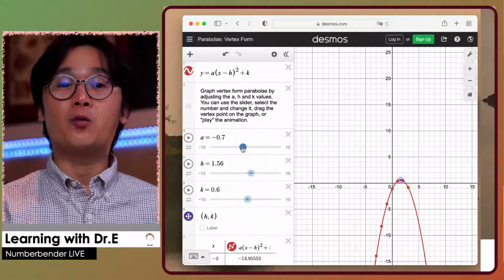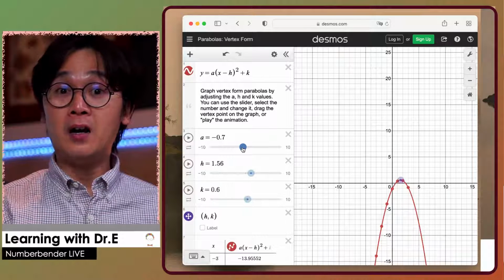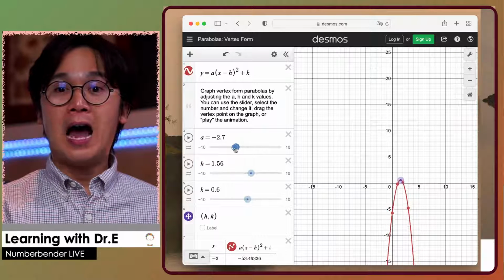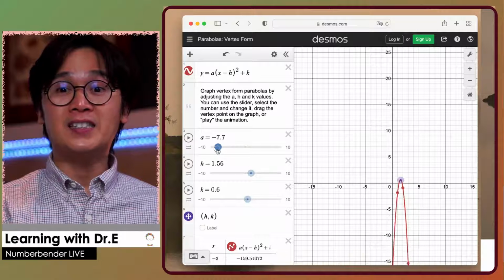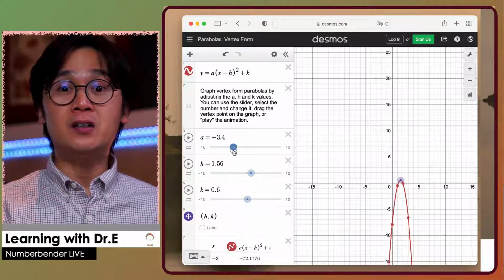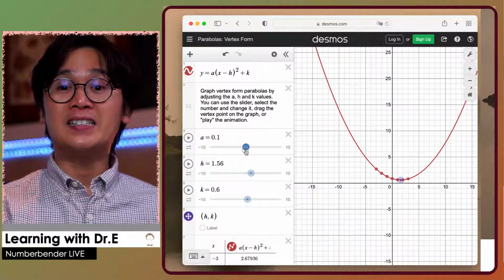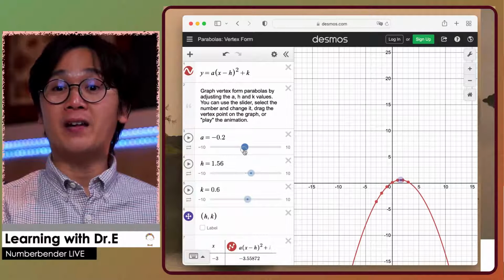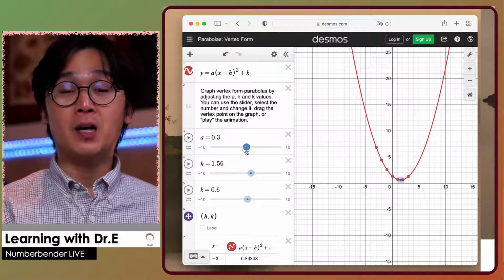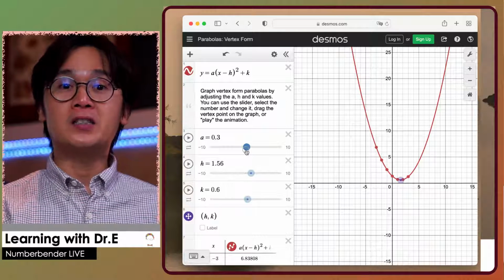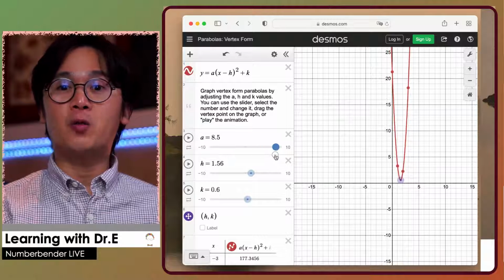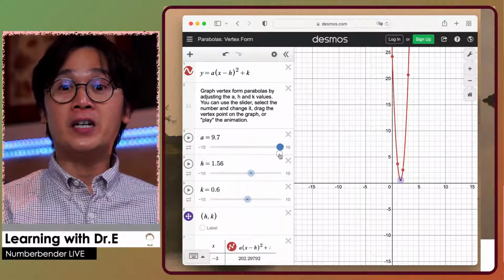And we know that when your a is going further away from zero, our parabola is getting slimmer. And when it goes closer and closer to zero, our parabola is getting wider. And when our a constant becomes positive, our parabola is going to go up, and it will get slimmer if we move it further away from the point of origin, or zero.